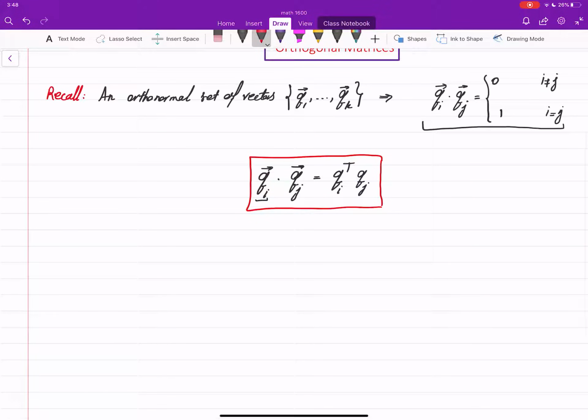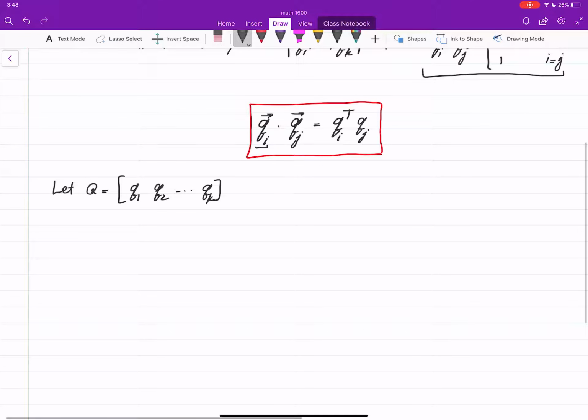Okay. Well, now let Q be the matrix which has Q1, Q2 up to Qk as its columns. And let's compute Q transpose Q. Q transpose is obtained by turning the columns into rows.